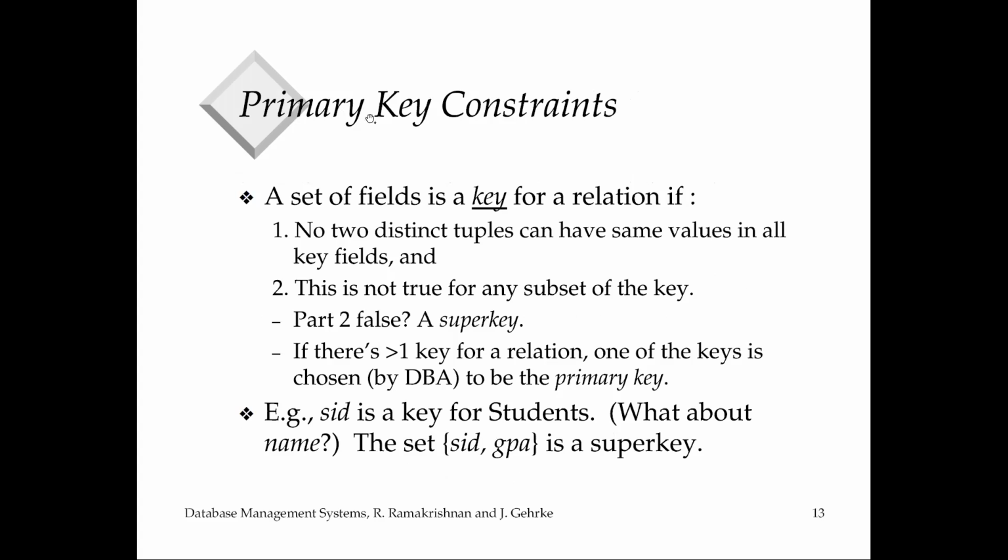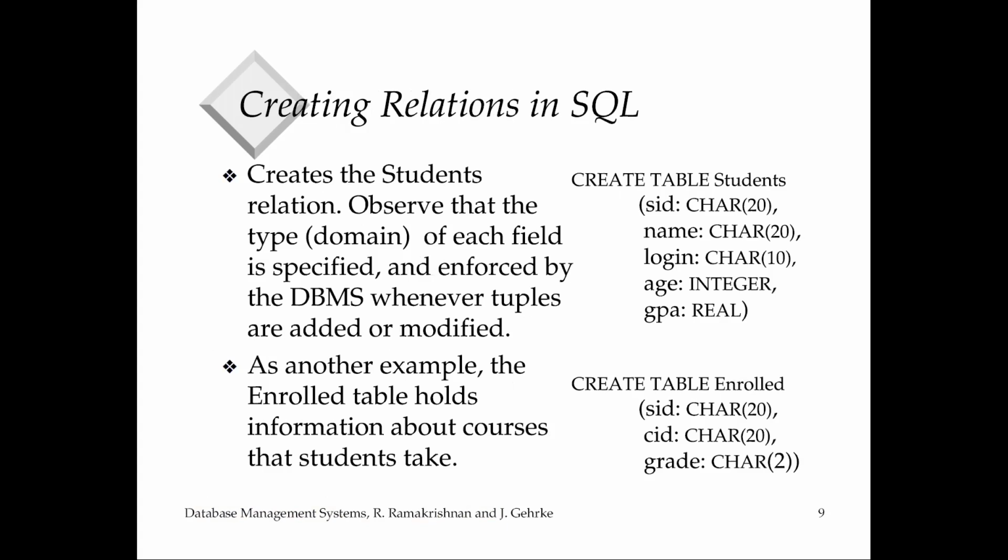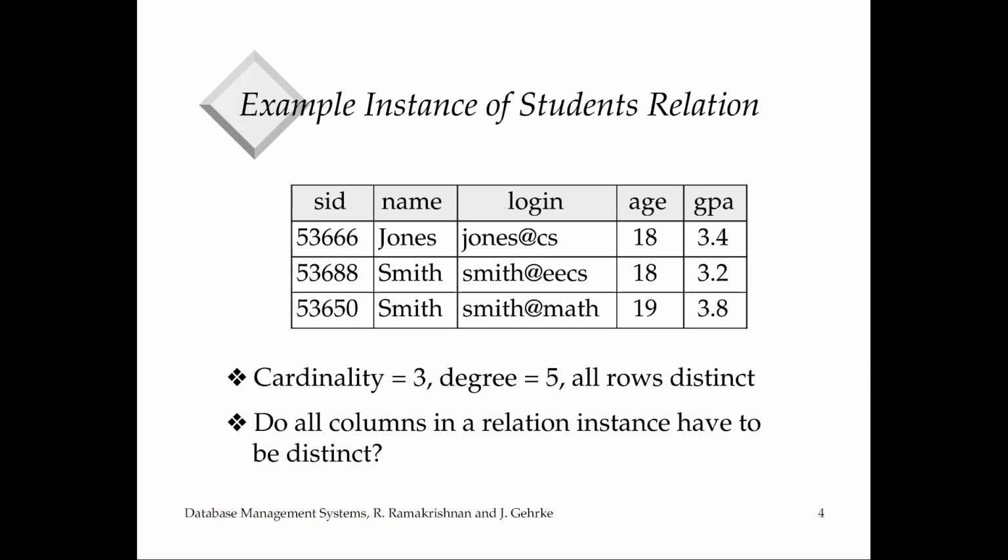Okay. One of the constraints that you'll find is the primary key constraint. This primary key constraint could be one or two fields in your database where you say that no two distinct tuples can have the same values in all key fields. An easy one is, let's first consider the case where you have only one of your fields as the primary key.